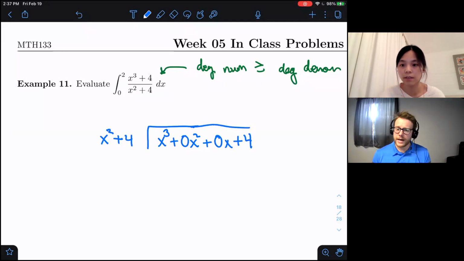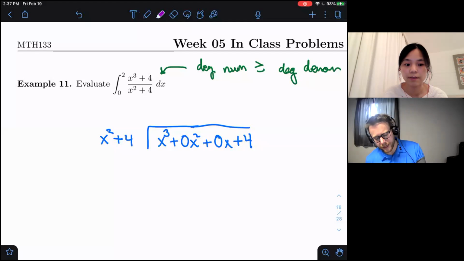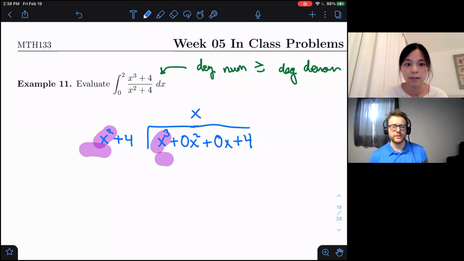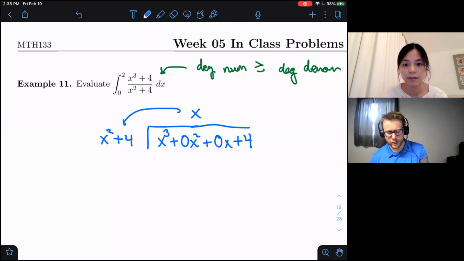And we're going to ask the same questions that we did when we did long division of numbers. That is, we look at these leading pieces and ask, what do I multiply by x squared to get x cubed? Hopefully everyone agrees that the answer is x. Now we multiply by each piece, so this gives me x cubed plus 4x.